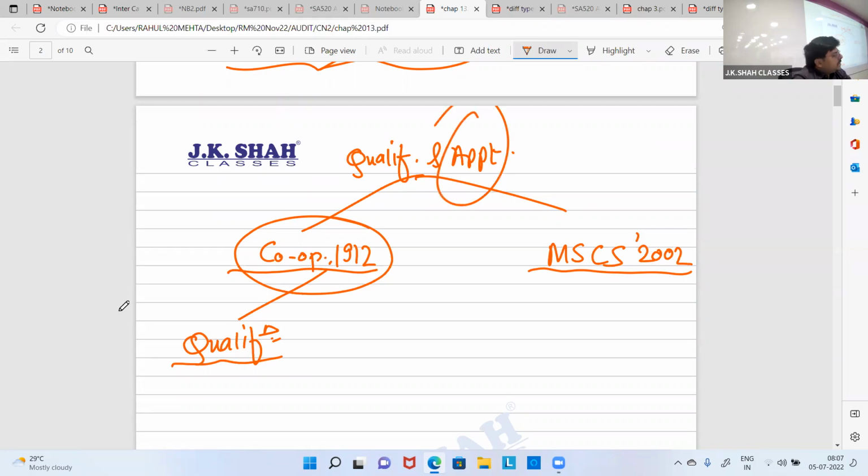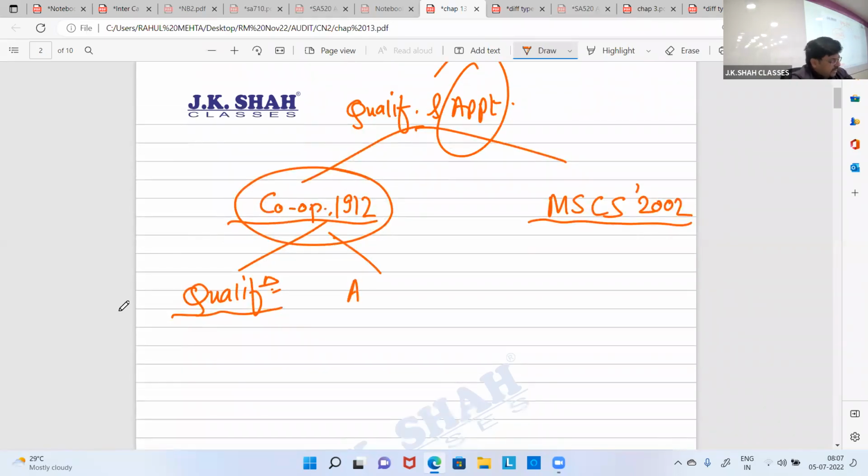Next is appointment. By whom is he appointed? The cooperative society auditor is appointed by the Registrar of Cooperative Societies, which in short is known as ROCS. So who appoints? ROCS. Whom is he appointing? Auditor. Of which society?